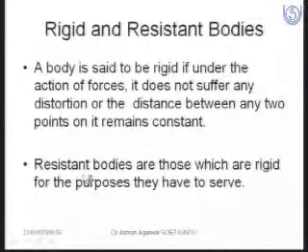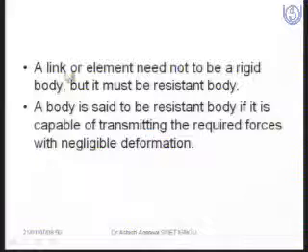Similarly, the second part, the resistant body, consists of those bodies which are rigid for the purpose which they serve. It is not necessary that a resistant body for one purpose can remain resistant for a second purpose. A link which is defined need not be rigid, but it must be a resistant body. What does it mean?